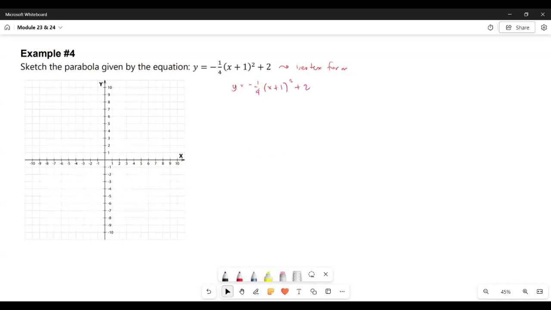So sa pagka-graph or pag-i-sketch ng graph ng isang parabola, ang unang ginagawa natin is hanapin ang ating parameters. When we say parameters, alam natin ito yung vertex, ito yung focus, ito yung directrix. Okay? And then magsiset lang tayo ng points. Isa-set tayo ng x values and then isa-substitute natin dito sa ating given equation and then magkakaroon tayo ng value ng y.